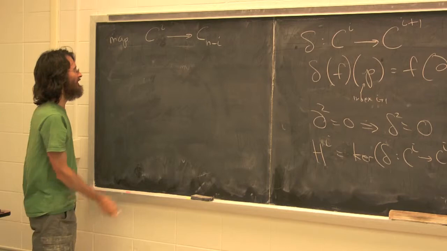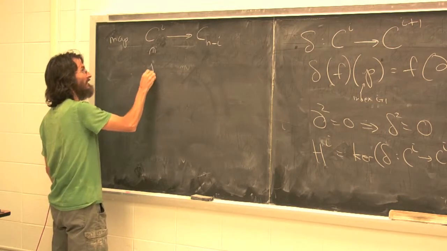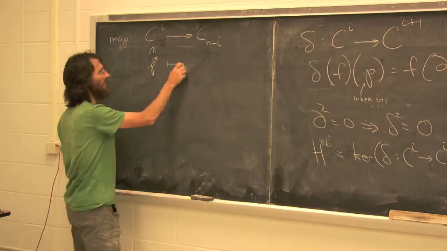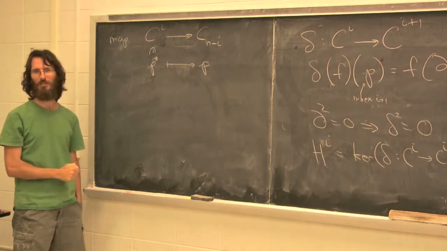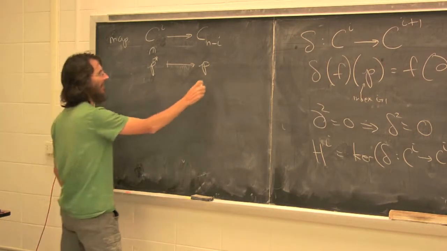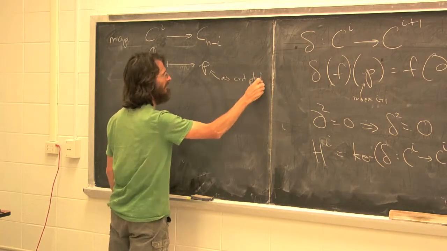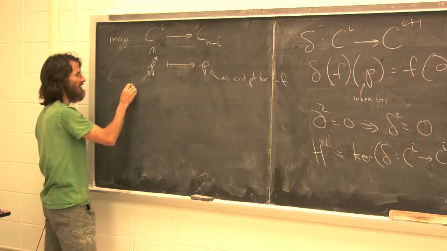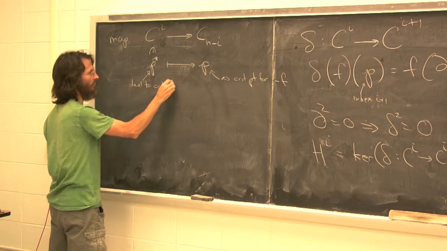A typical element here is some P star, and we're just going to map that to P, because if you're a critical point for f, you're a critical point for minus f. So this is a critical point for minus f, and this is dual to a critical point for f.